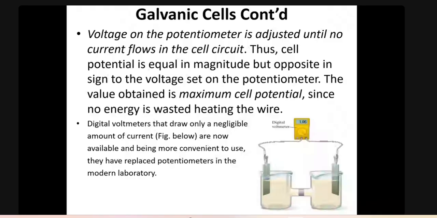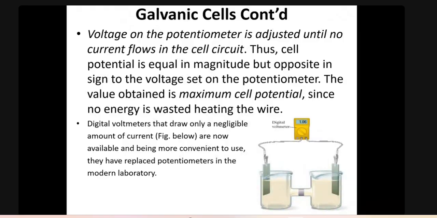In most cases, they use potentiometers for measuring the cell potential instead of the voltmeter, but there are more specialized voltmeters now that don't heat up much, so you don't lose a lot of energy.